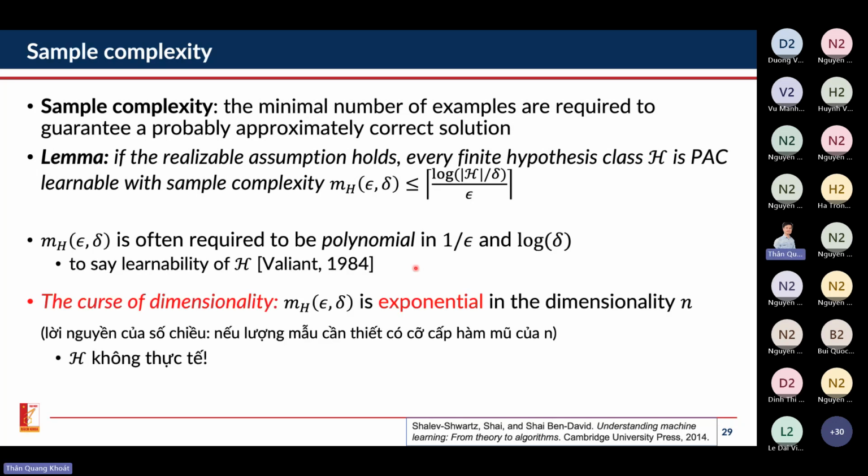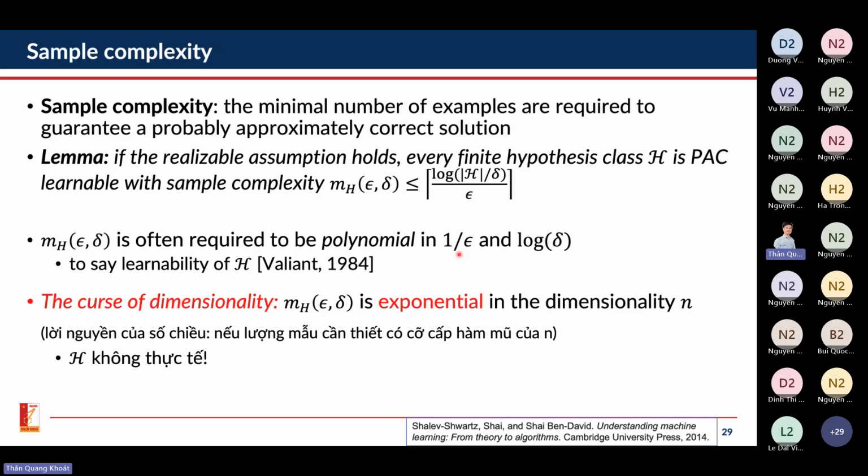And in practice, especially in the definition of learnability, we often require m to be a polynomial in the two parameters, epsilon and log delta, okay? Do you know why? Otherwise, this number would be exponential in this quantity. And what does it mean to be exponential in this quantity?